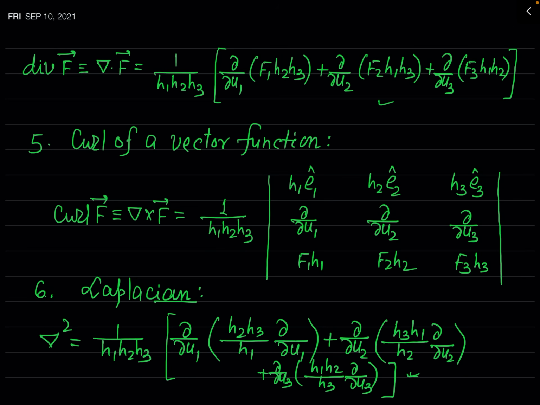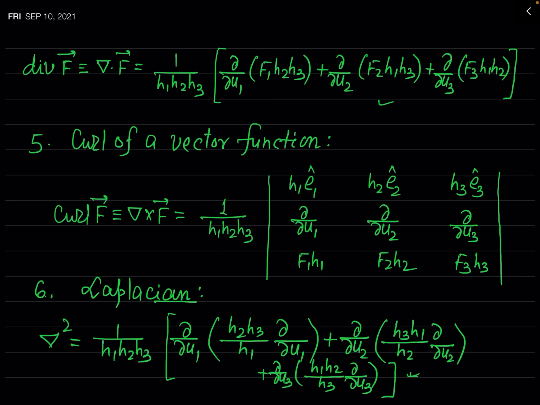Now particularly we are going to find these quantities in a special curvilinear coordinate system. We will actually discuss three special curvilinear coordinate systems which are Cartesian coordinate system, cylindrical coordinate system, and spherical polar coordinate system.